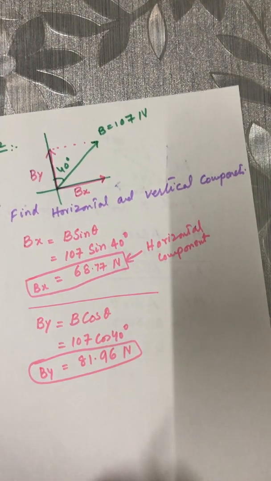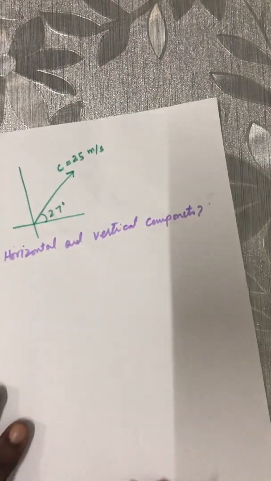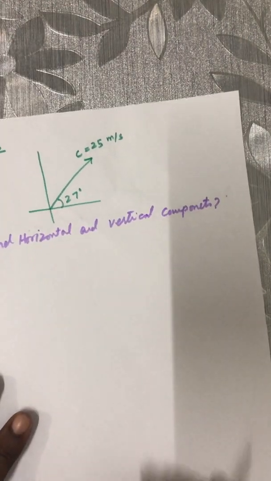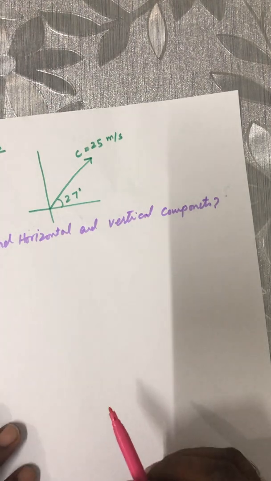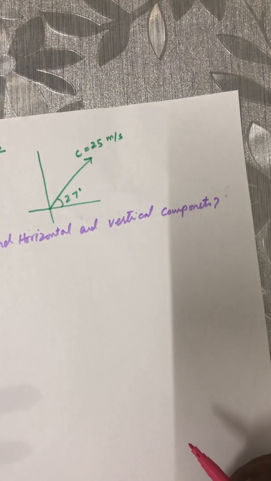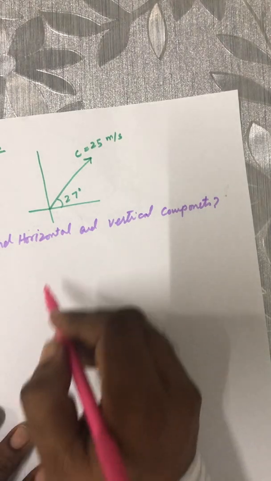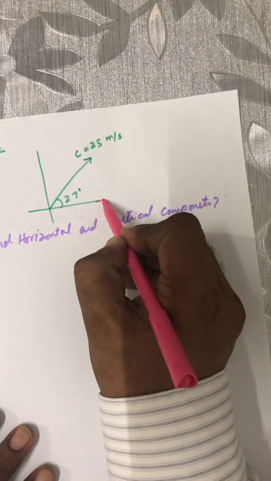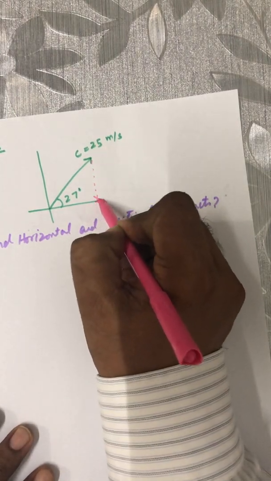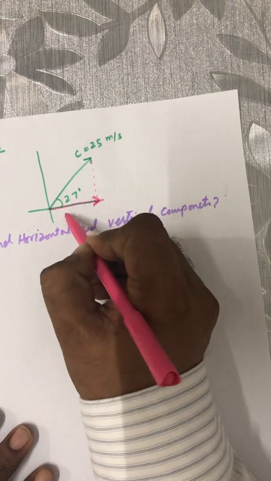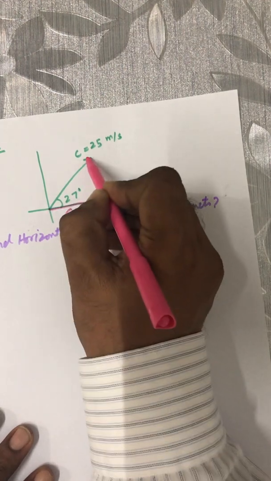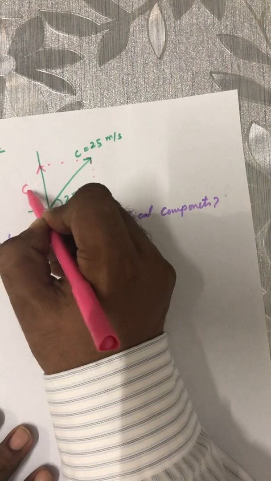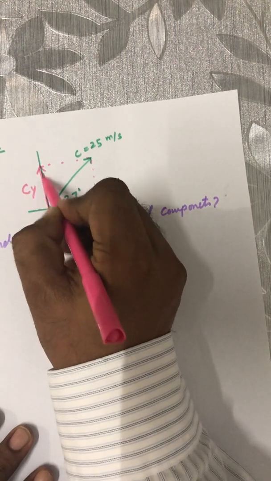Now come to question number 3. Here a vector C is provided, with an angle of 27 degrees, and we again find the horizontal component and vertical component. First of all, you have to draw a perpendicular, and see here, this is Cx and this component is Cy.